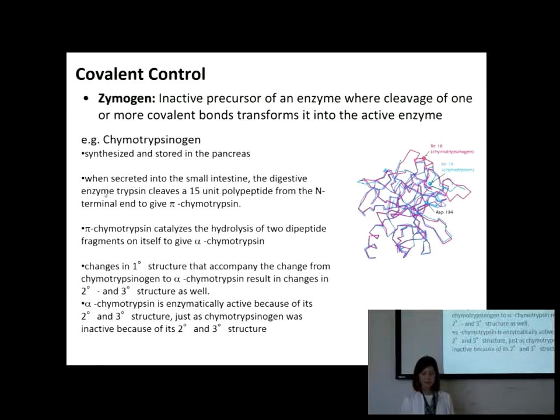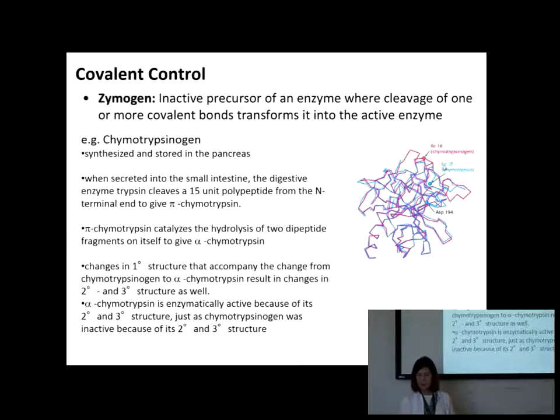The digestive enzyme trypsin cleaves it. All right? And that cleaves it to give what we call pi-chymotrypsin. Then pi-chymotrypsin cleaves itself and gives the active alpha-chymotrypsin.